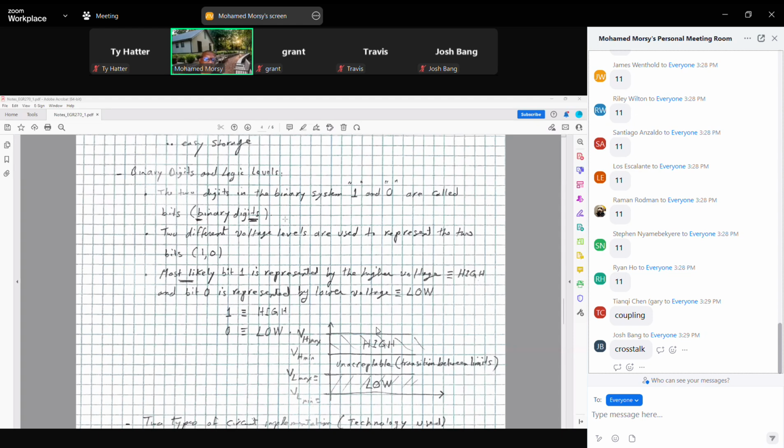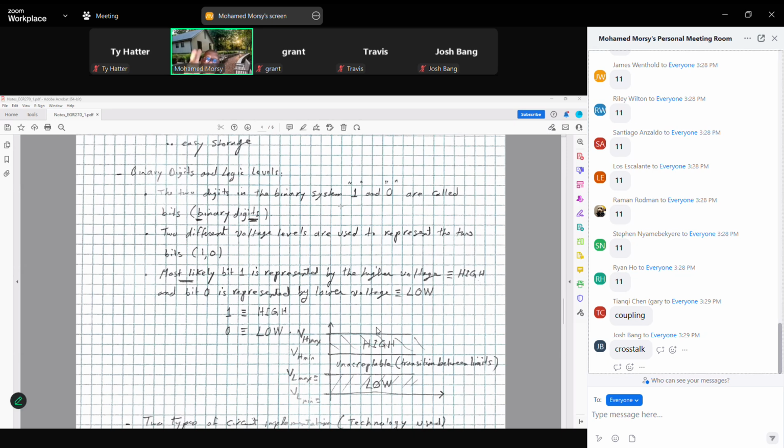So it's called bits. The digit can be from 0 to 9, but a binary digit is either 0 or 1. So bits actually came from binary digits: we take the first letter and the last two letters. So 1 and 0 inside the circuit are voltage levels.